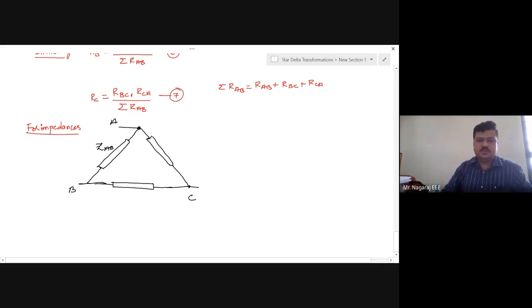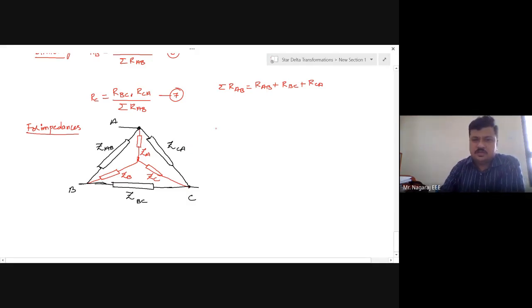We know that impedance is represented by the letter Z. Now, if I have to take the equivalent impedance of the delta in star, this will be ZA, this will be ZB, this will be ZC.